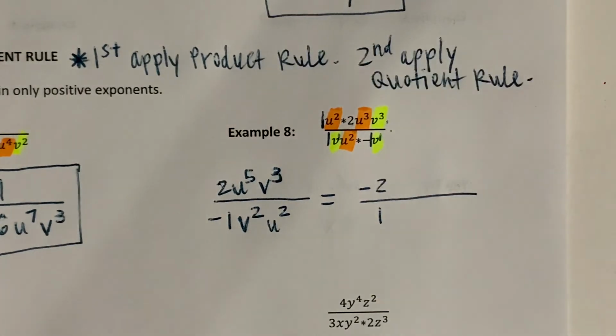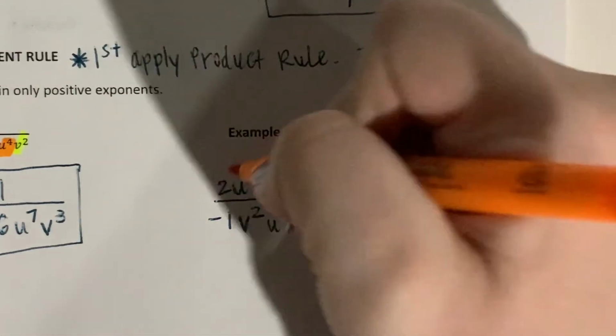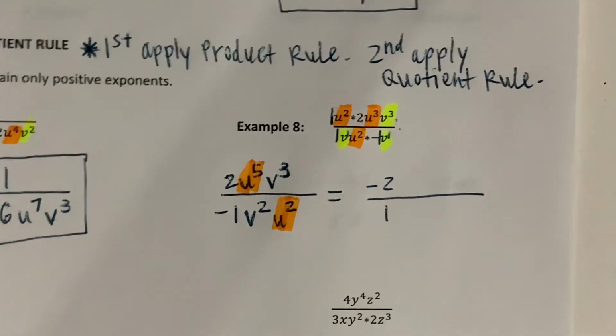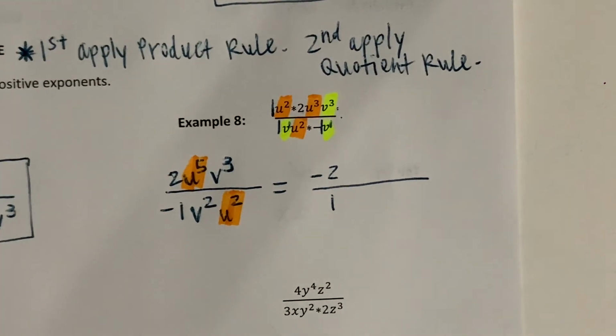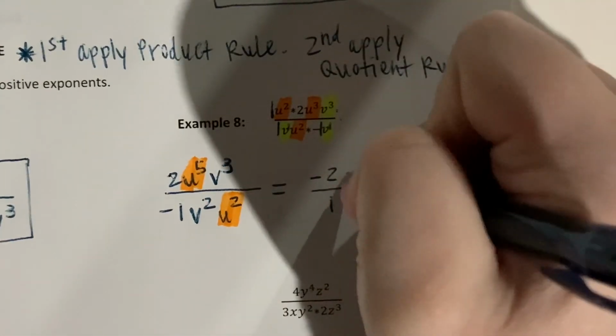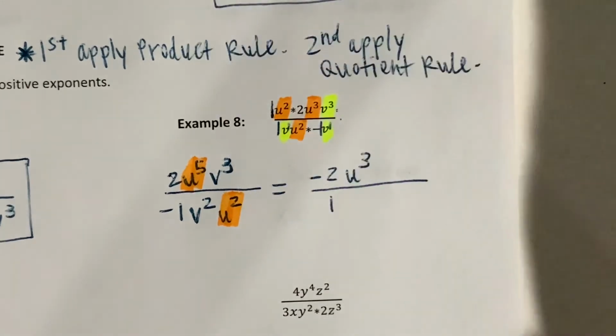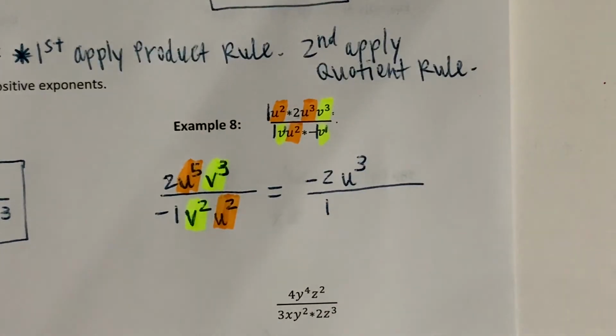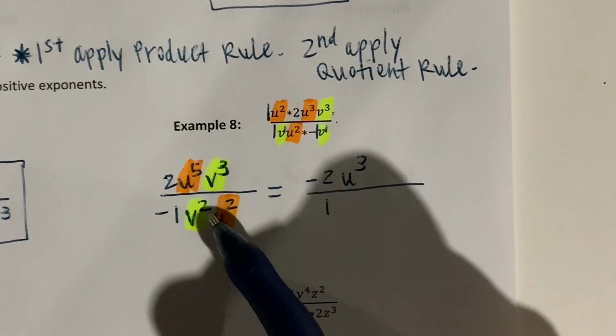All right, now let's combine. I have u to the fifth power over u squared. So I need to subtract the exponents if they are like bases. 5 minus 2 is 3, and it's going to stay where the bigger exponent was, so u to the third will stay in the top. I also need to look at the v's. So 3 minus 2 is 1.